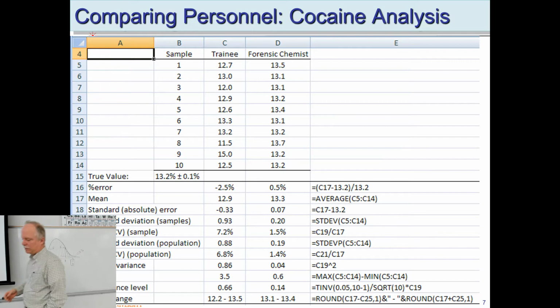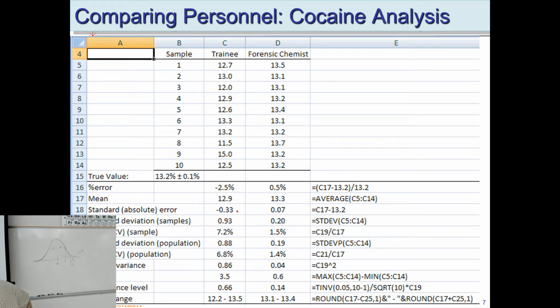And so we have this C17, the trainee value or the forensic chemist value, minus the true value, divided by the true value. You want the true value to be the standard, so you're saying what percent of the true value is error in this case. And so they're low by 2.5%, and then the forensic chemist is high by 0.5%.